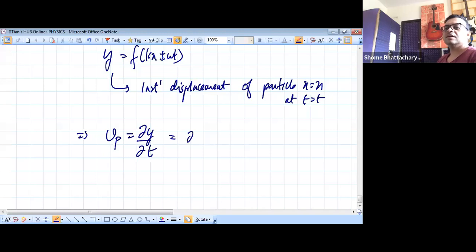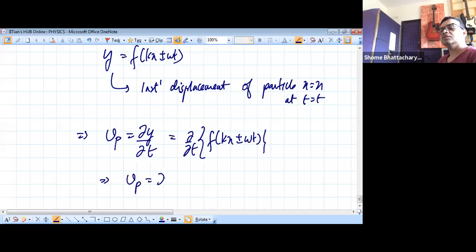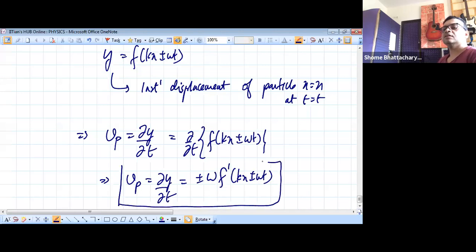So it is del by del t of this function of kx plus or minus omega t. Next we apply partial differentiation here. You can see that the particle velocity, which is the same thing as del y by del t, becomes plus or minus, depending on whether this sign is plus or minus, omega into the derivative of this function of kx plus or minus omega t. So this is how we find the particle velocity.